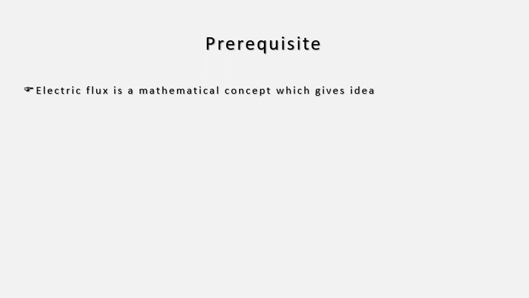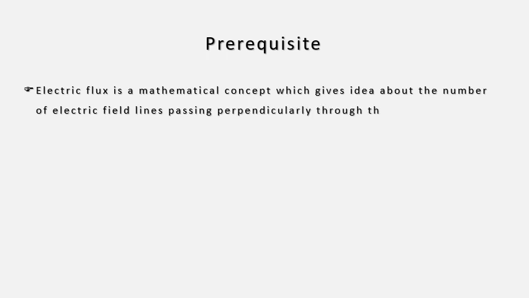For today's topic, we need to know the following things. First of all, flux is the mathematical representation of electric field lines passing perpendicularly through the area we have considered. To find flux, we can take the scalar product, the dot product of electric field and area.